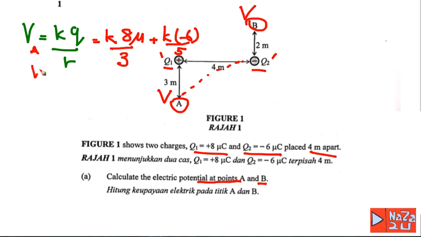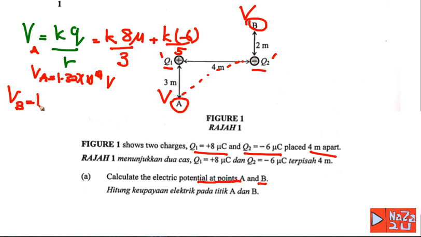So now if you calculate, VA is equal to, using the calculator, 1.32 exponent 4 volt. Same process for VB, the potential at VB is from the Q1 and the Q2.